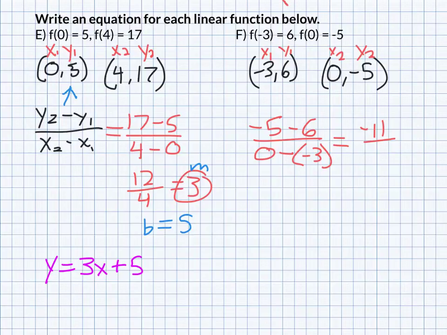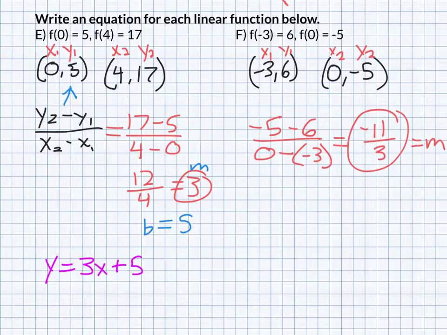This is a mistake a lot of people make. They forget to think about this as plus. 0 minus -3 is really the same as 0 plus 3, so that's +3. And I actually can't simplify this. So right here, that's my slope, right?